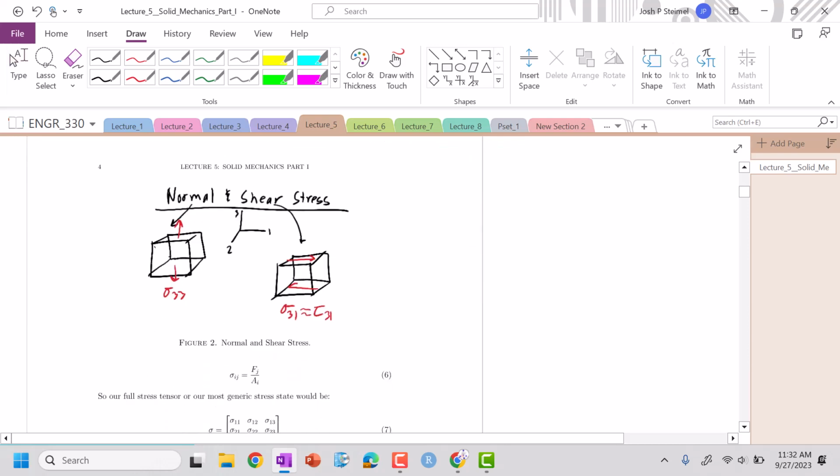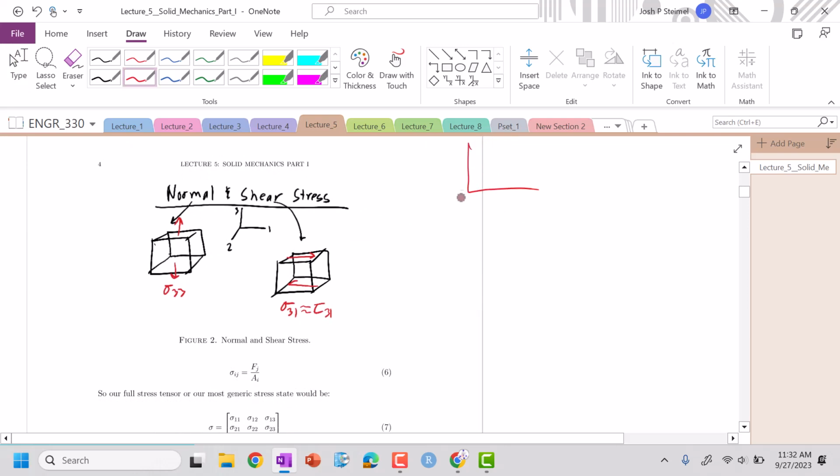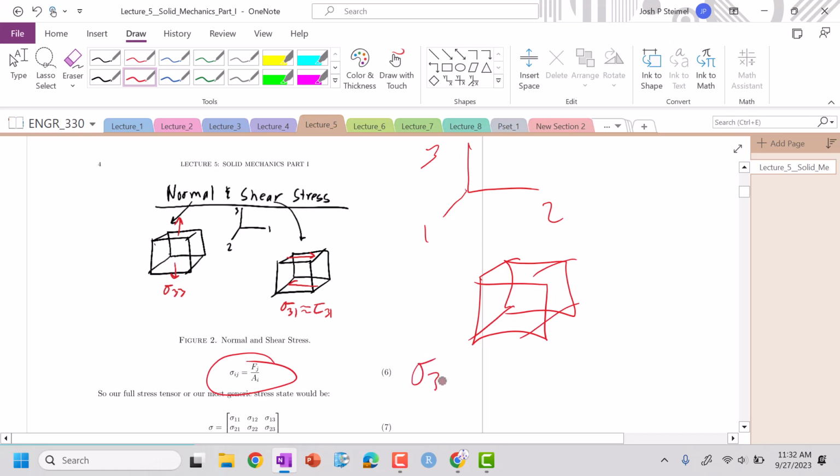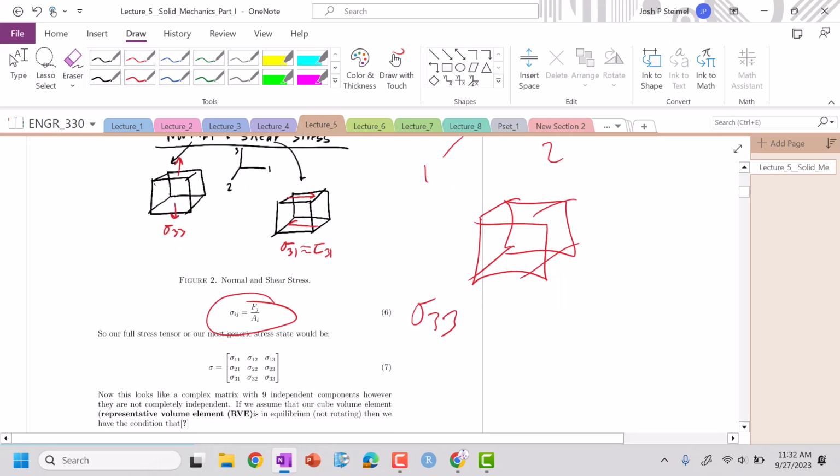So our coordinate system is 1, 2, 3, and our representative volume element, which we're going to act upon in terms of our stress, this is our expression here. If I have, for example, sigma 3,3, you can see I'm going to have, again, a second-rank tensor. If we live in a three-dimensional world, there are 9 components here.